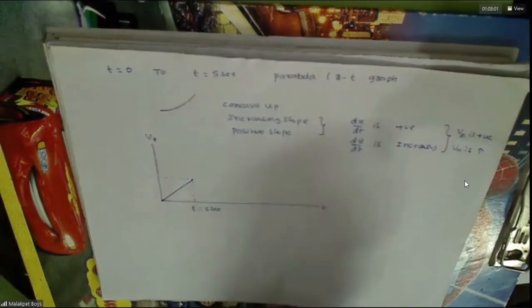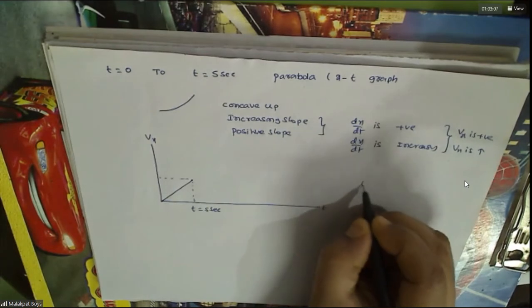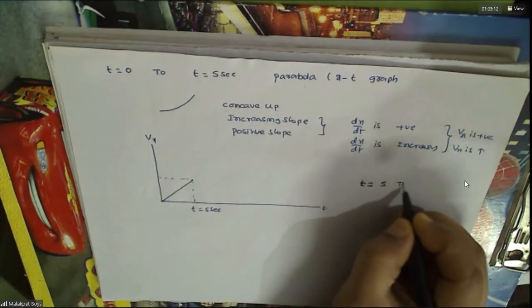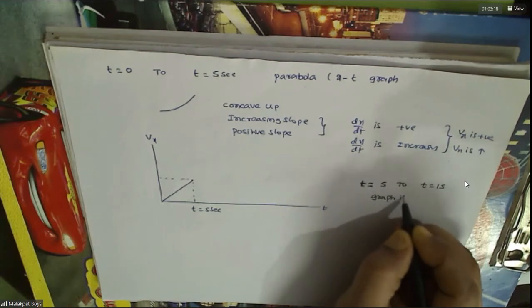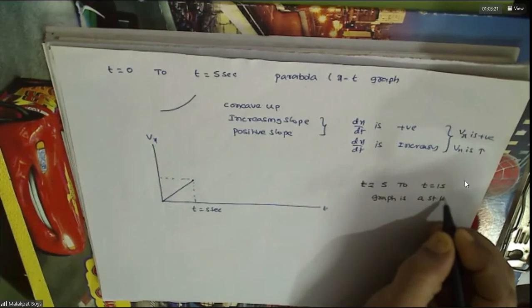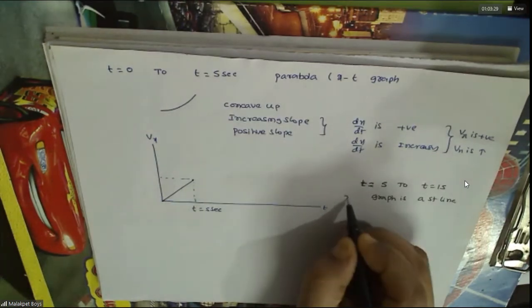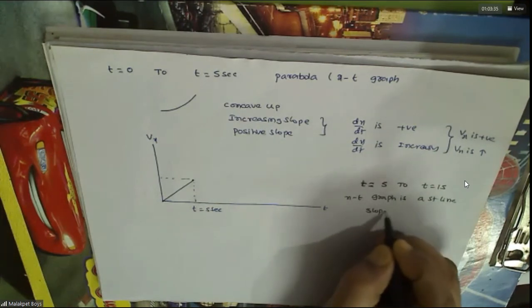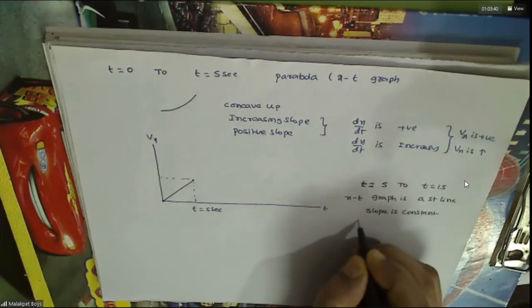Similarly, the second one is 5 to 15. From t equals 5 to t equals 15, the graph is a straight line. The x-t graph is a straight line, which means the slope is constant, and the slope is also positive.